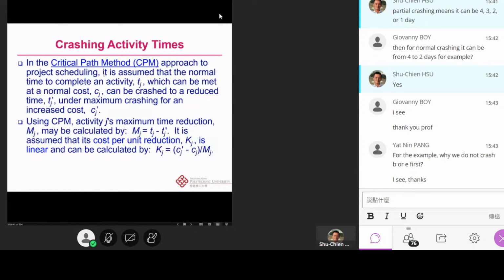It is assumed that the cost per unit reduction Kj is linear and can be calculated by Kj = (C'j - Cj) / Mj.